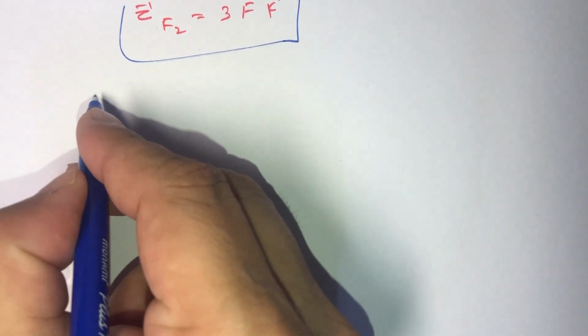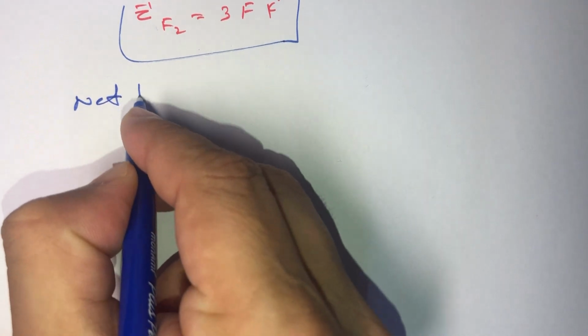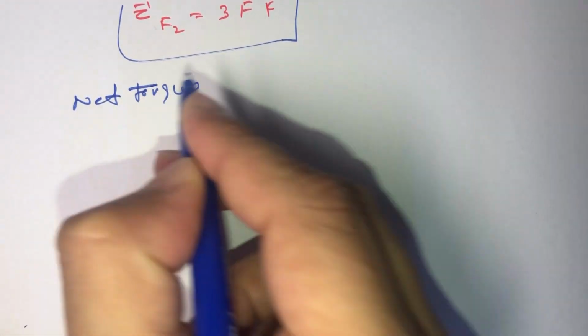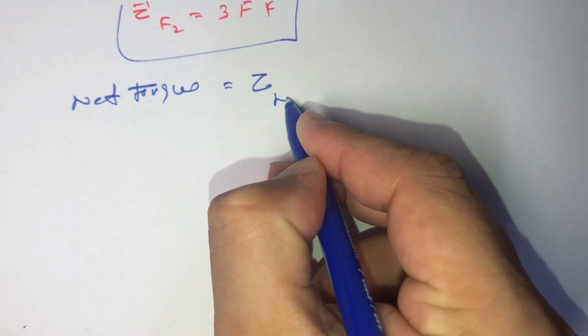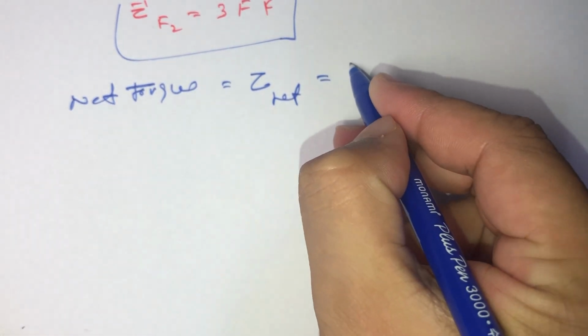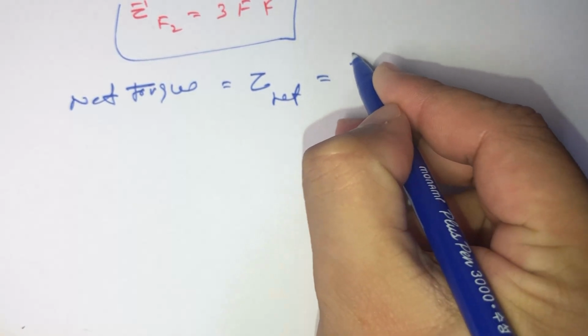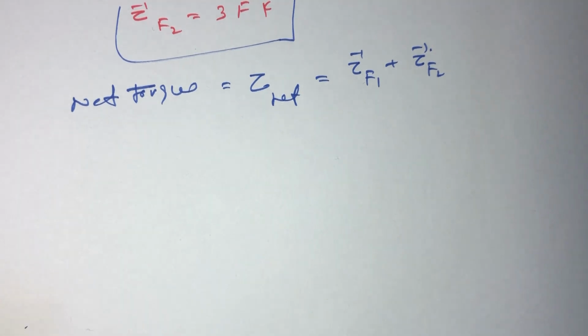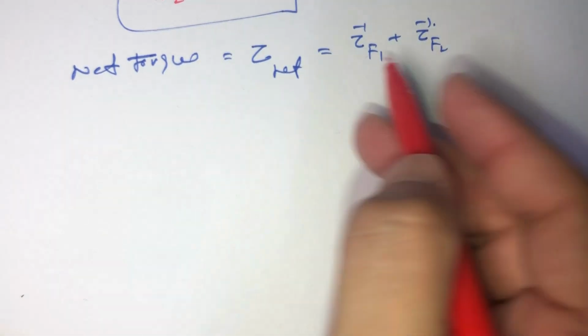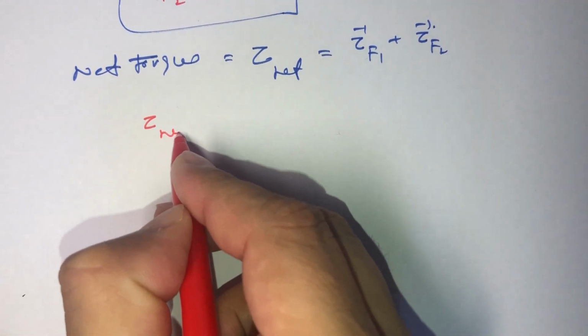Therefore we can say net torque will be, let us suppose again, tau net. This will be equal to torque because of F1 plus torque because of F2. Now simply substituting the values, we get tau net.